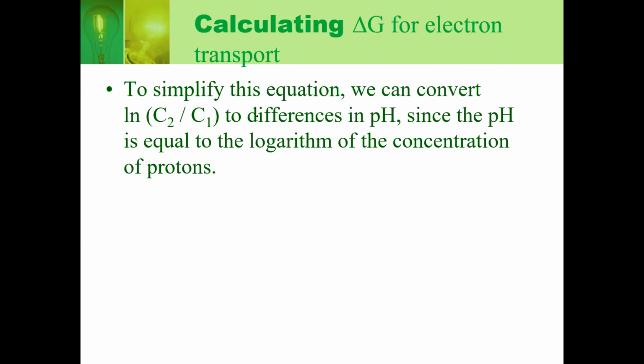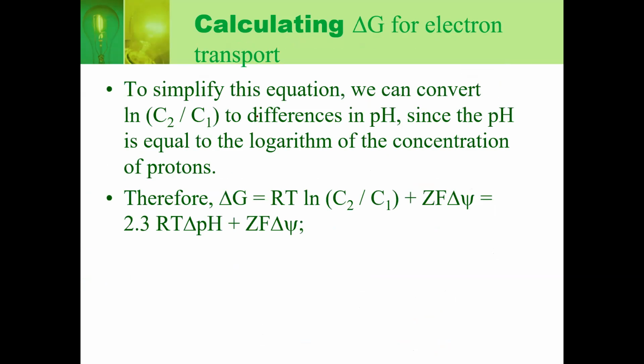All right, so this number turns out to be a difference in pH, because that's what a concentration of protons is. So we can take this logarithm here and just turn it into delta pH.